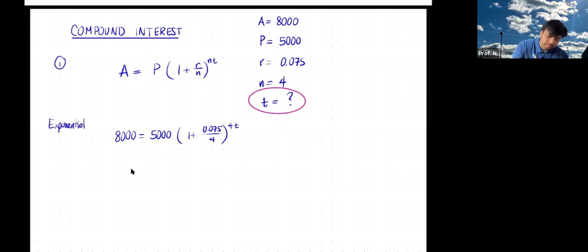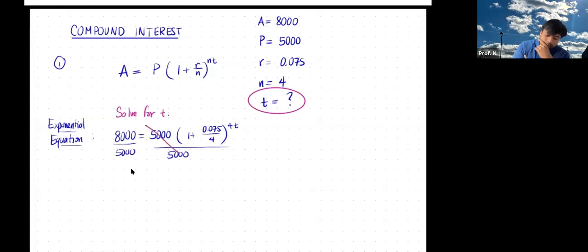You see that? And my goal is to do what? Solve for t. Okay, so I need to do everything in my power that I can to solve for t. So this becomes what? When I divide by 5,000, the 5,000s here cancel. The zeros here cancel.